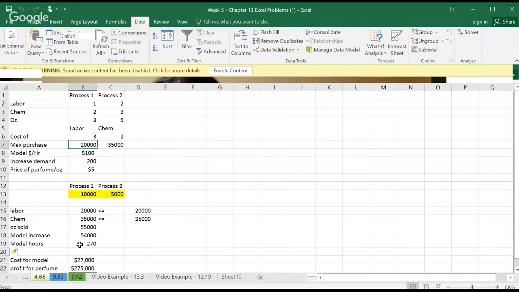What's my B19 formula? It's just the number of hours used times the amount of increased demand per hour. Now, is that 200 in units or is it in ounces? Thinking it was ounces, right? Yeah, 200 ounces.